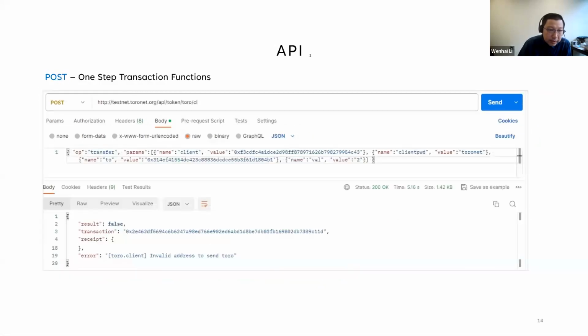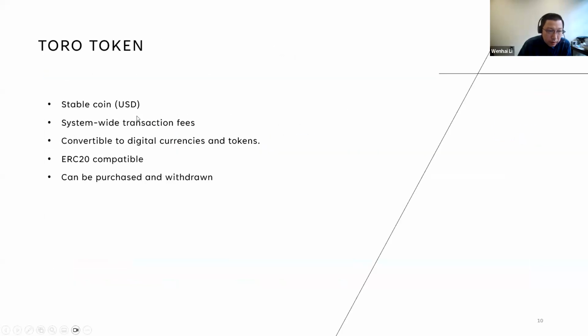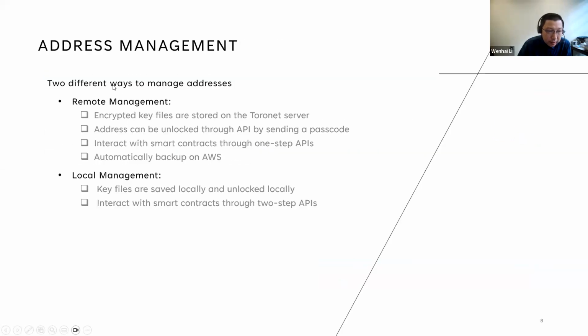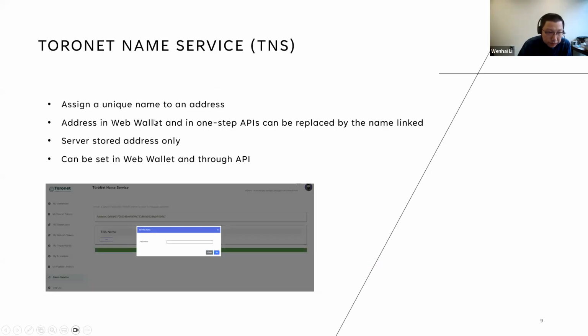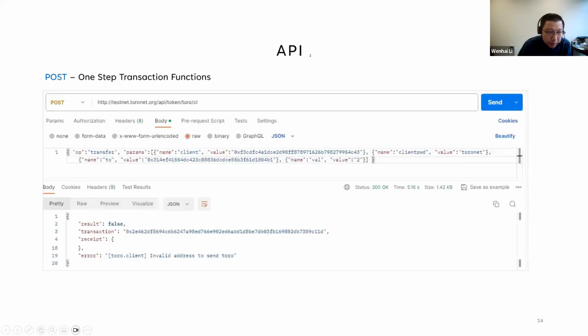We also have the one-step transaction functions. Remember that we have two ways to manage the address. This one-step API is for blockchain addresses saved on the server. Because the address is already saved on the server, we use an HTTP POST to do the transaction.